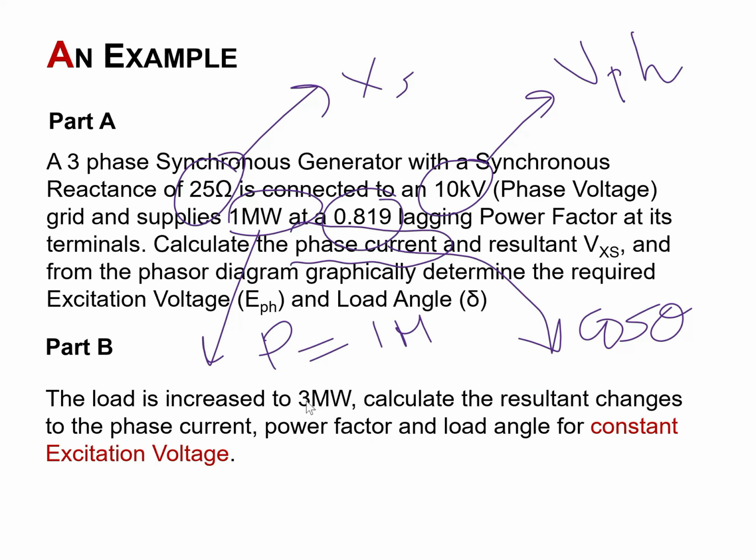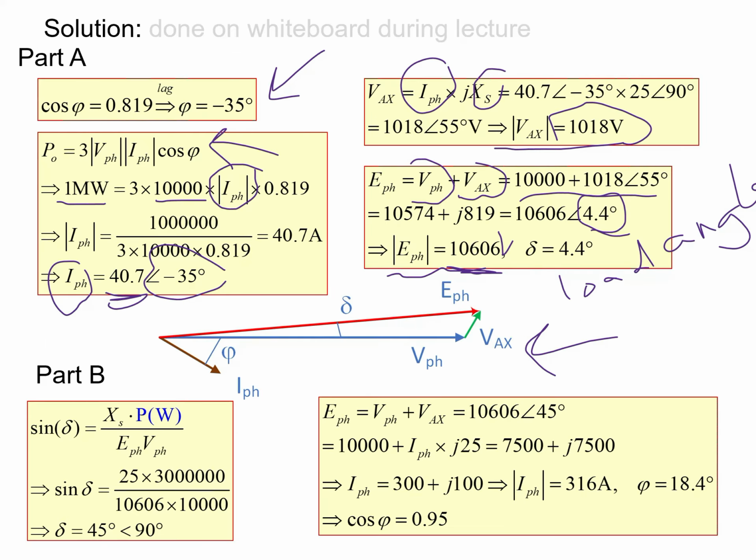Okay, so in part B, the load is increased to 3 megawatts. We need to calculate the resultant changes to the phase current, the power factor, and the load angle when the excitation voltage is the same. So the excitation voltage is exactly the same as the one calculated in part A. So let's take a look at the solution over here.